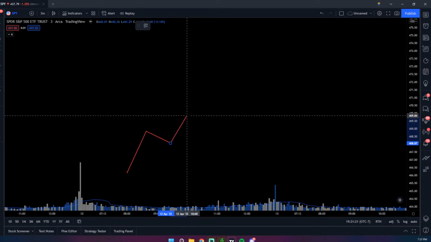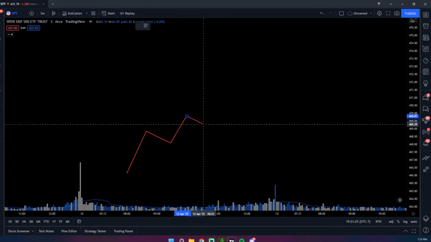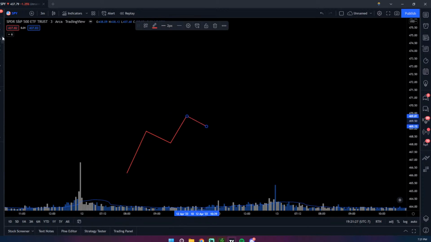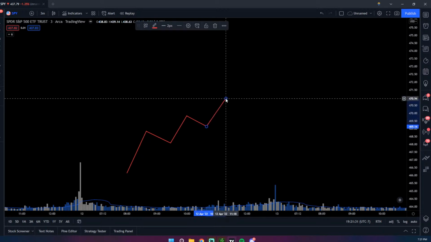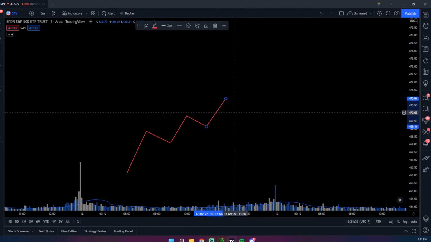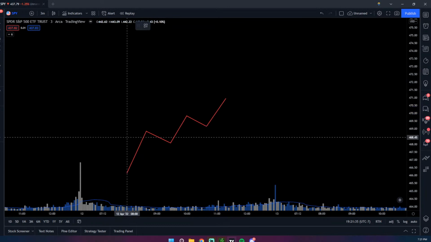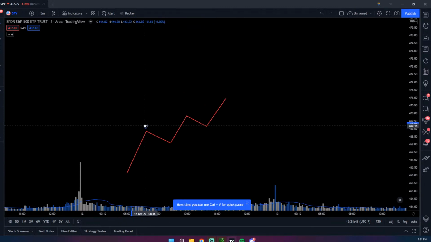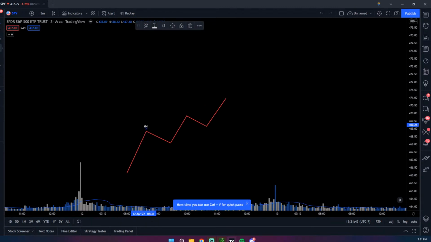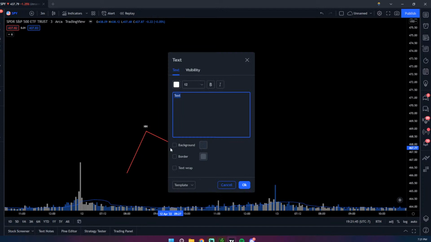So this is important to know. I'm sure most people here know this, and if you don't, it's okay. Don't be embarrassed. We all have to start somewhere. So this is an uptrend, right? Here we have a higher high. Here we have a higher low.